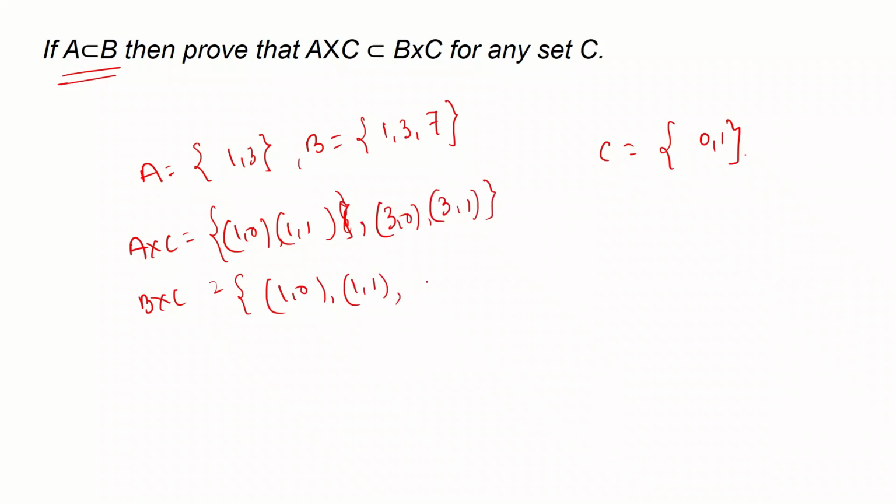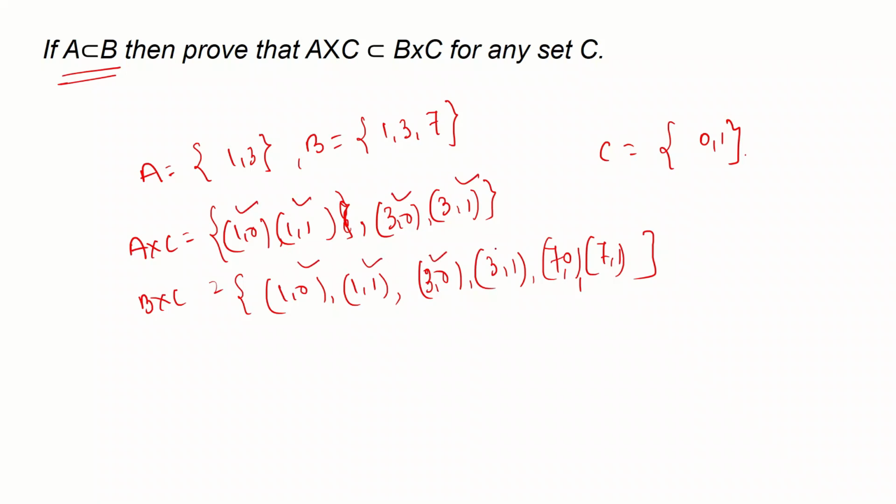And in B cross C we have 1 comma 0, 1 comma 1, 3 comma 0, 3 comma 1 and 7 comma 0 and 7 comma 1. So these are the elements in B cross C. Clearly A cross C is a subset of B cross C because all these elements 1 comma 0, 1 comma 1, 3 comma 0 and 3 comma 1 are already there in B cross C. It's just that B cross C is having these two extra elements.